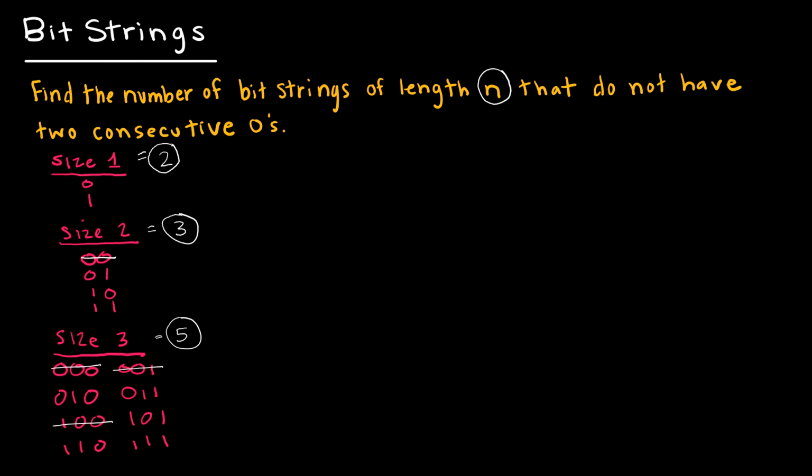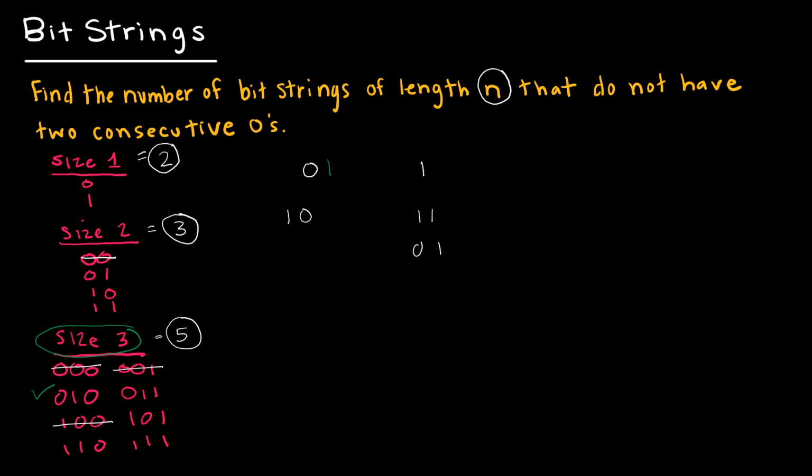So what I'm going to do is write the 2 of size 1 that I have and the 3 of size 2: 1, 0, and 1, 1, and 0, 1. And I'm going to try to match those up to what I have in size 3. So I have 0, 1, 0, this guy right here.